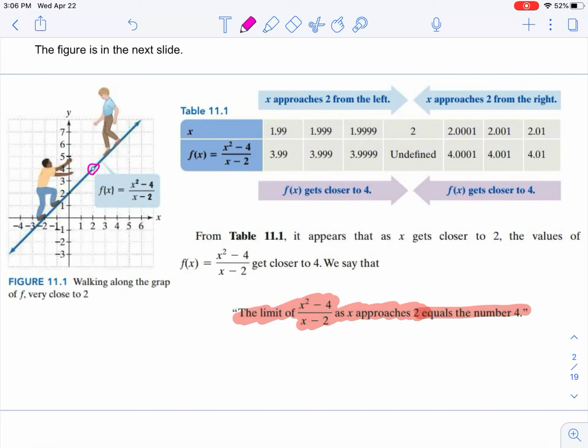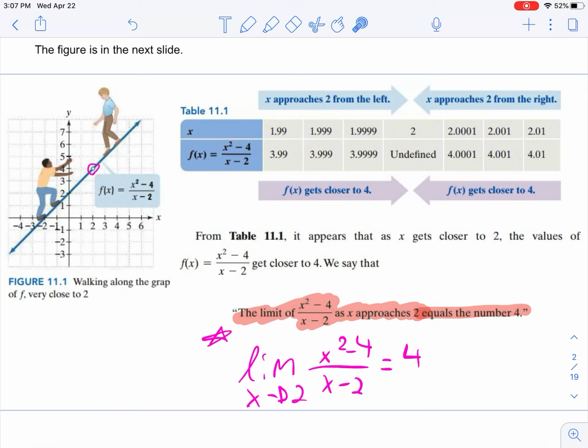So when we write this out, the limit as x approaches 2 of x squared minus 4 over x minus 2 is going to be equal to 4. Okay? This is a very, very important concept. Does our function exist at that point? No, we have a hole there. But our limit exists.